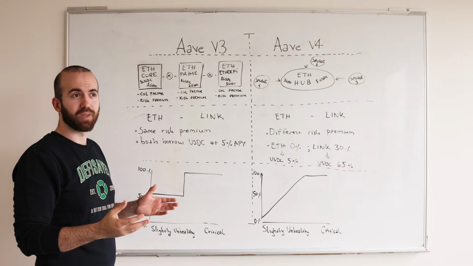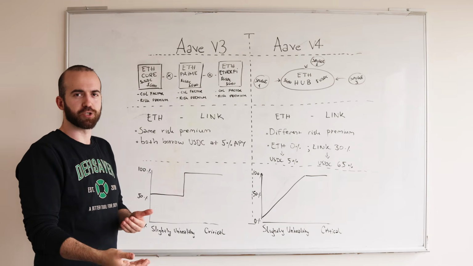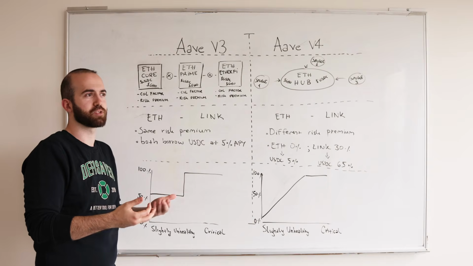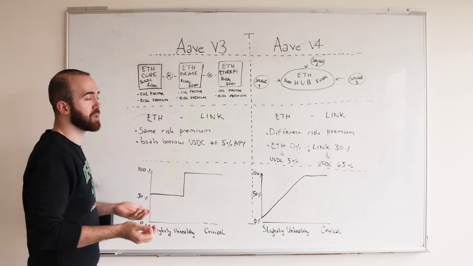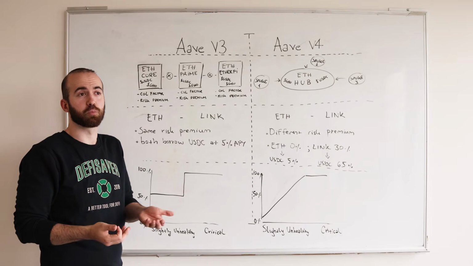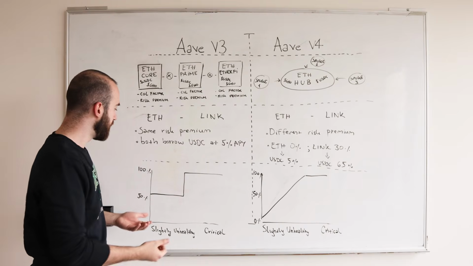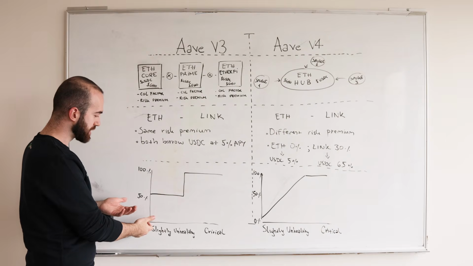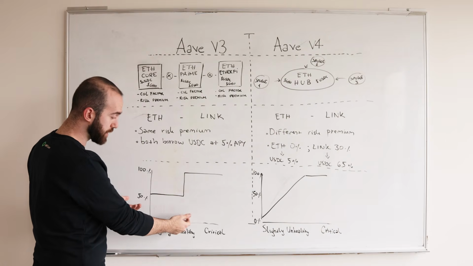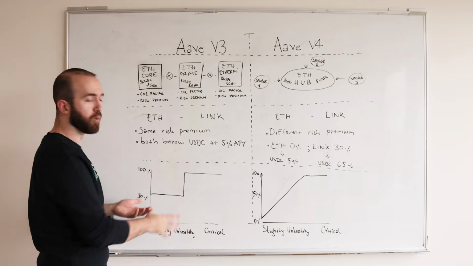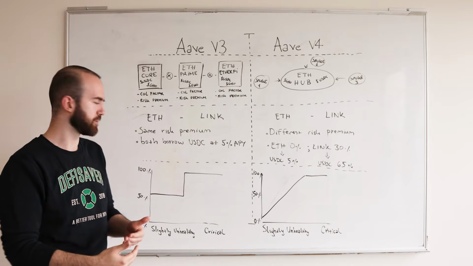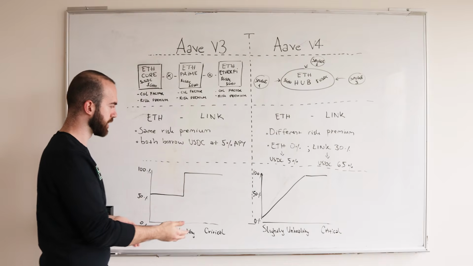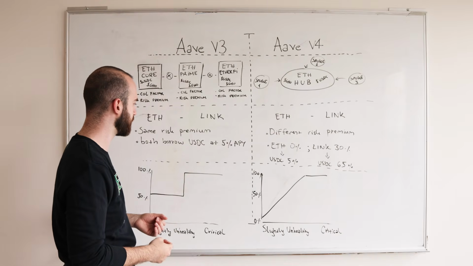What does that mean? A liquidator could trigger a liquidation for a position that has 0.99 health factor, just the same as they could trigger it for a position that has 0.95 health factor. That means that even though you might be slightly unhealthy and somebody might be a bit more unhealthy than you, both will experience a 50% liquidation, or up to 50%, where critically unhealthy positions get liquidated for 100%.